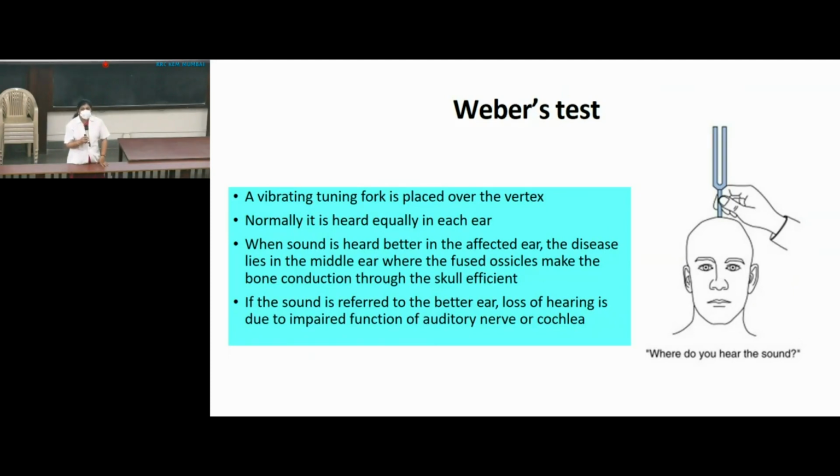If there is a disease of the middle ear like otosclerosis, where all three ear ossicles are fused to each other, then the affected ear will hear better than the normal ear. Okay, so there is a difference. You can read it later. These are the two tests available for hearing acuity, like visual acuity.